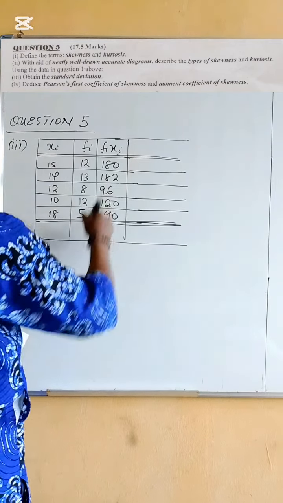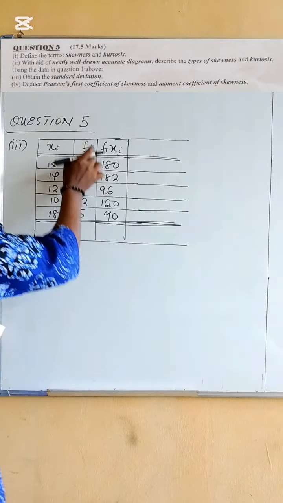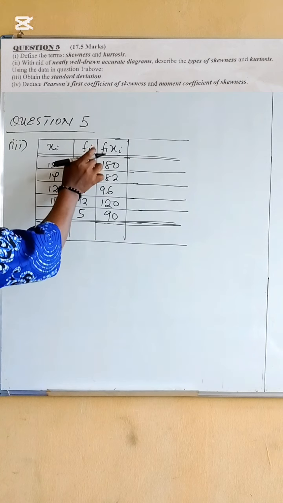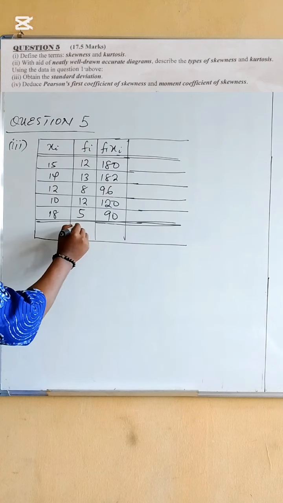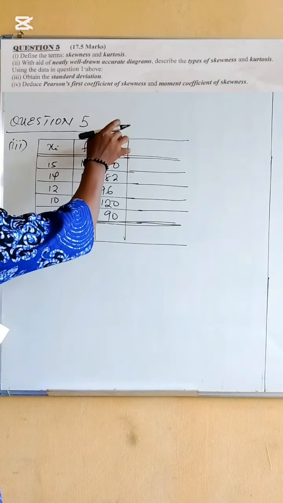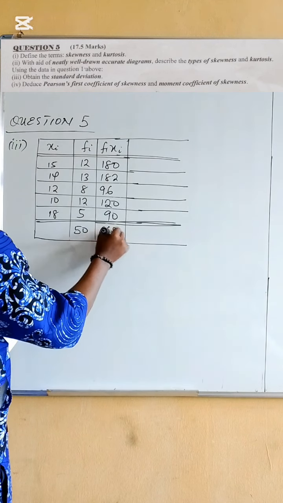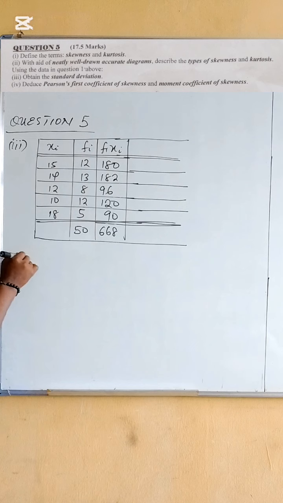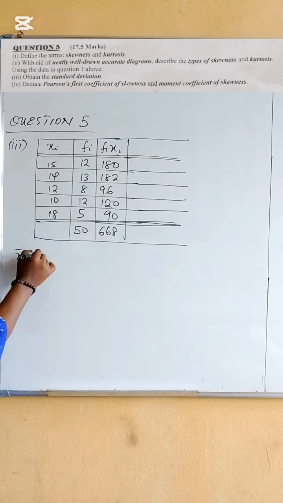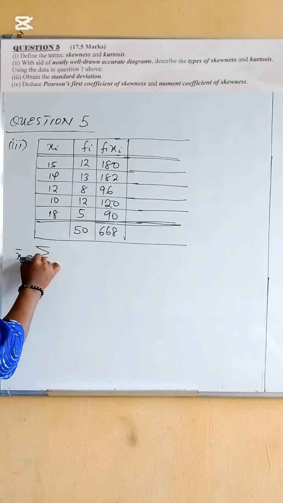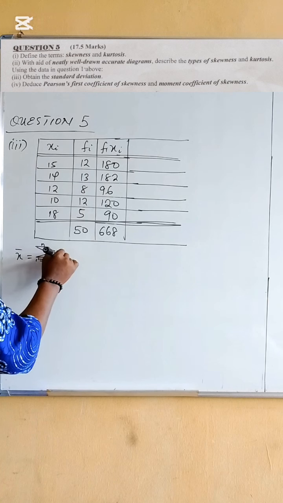90. Now, once I get that done, I'm going to add up all my frequencies. What would adding my frequencies give us? 50. What will adding the fixi's give us? 668. And immediately I will write here x bar, my arithmetic mean, is summation from i equals 1 to n, fixi.